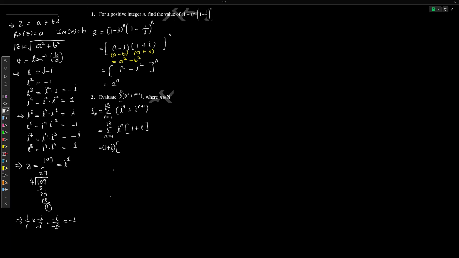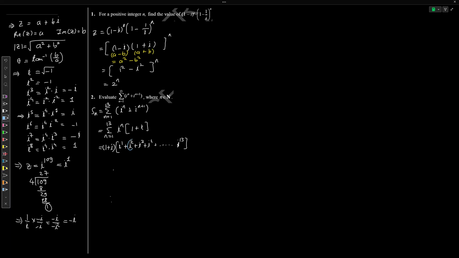Place the value of n. Start from 1, 2, 3 up to 13. Okay. I raised to 1, i square, i cube, i raised to 4. Up to where will this go? Up to 13, right? Okay. Notice one small thing.